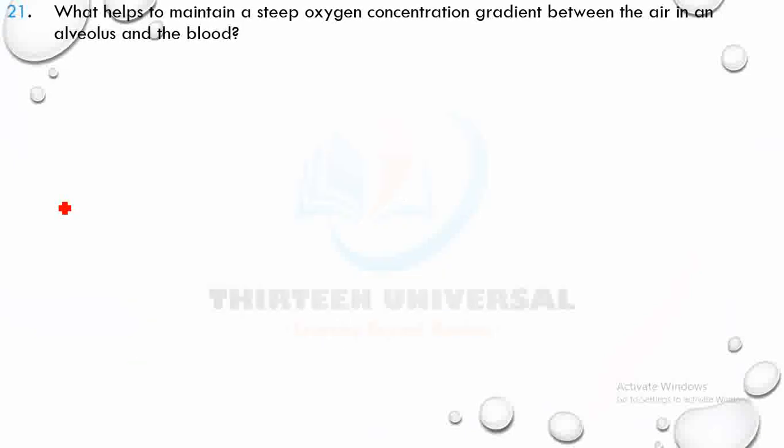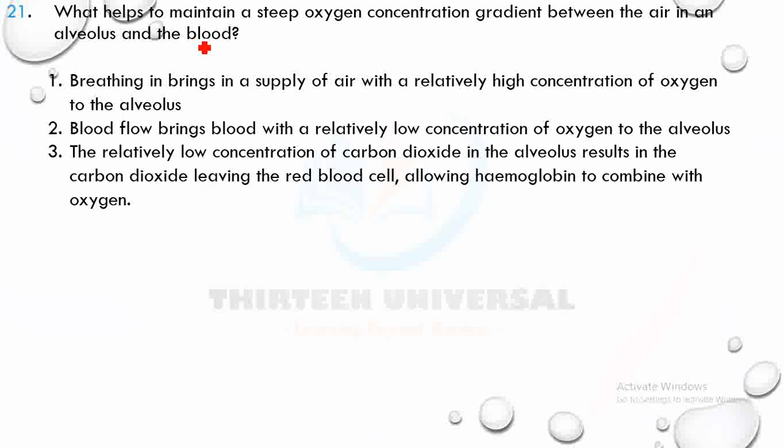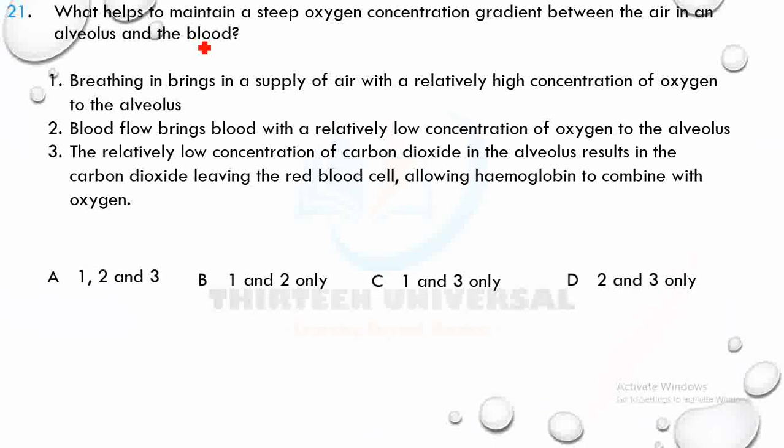Once you know what to do: what helps to maintain a steep oxygen concentration gradient between the air in the alveolus and the blood? Pause the video and try this. Breathing in brings in a supply of air with relatively high concentration of oxygen to the alveolus.